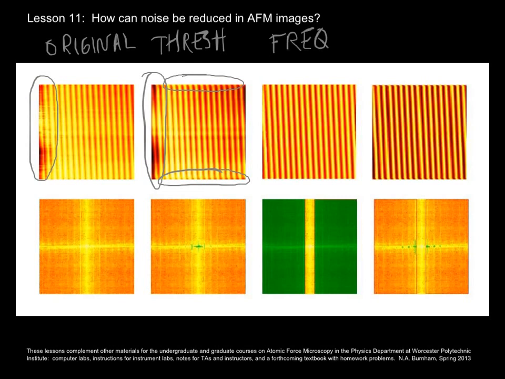These two images here, third in the row, the original data were taken, and now we're going to retransform all these sections in green here, leaving out those frequencies that are low and running in the y direction.